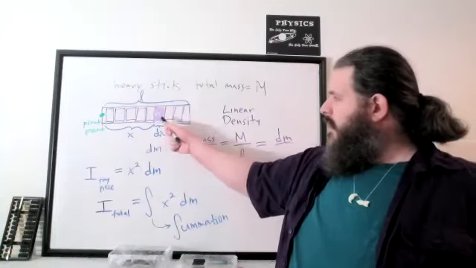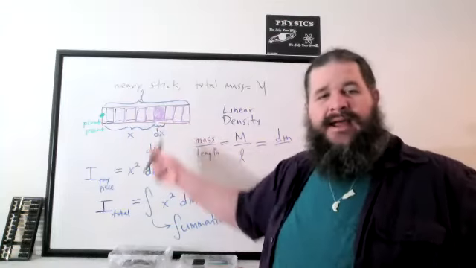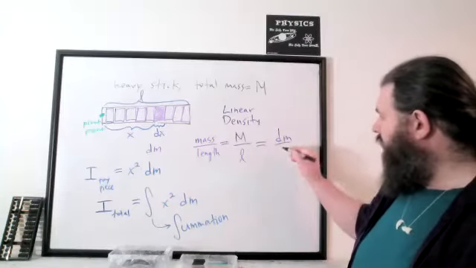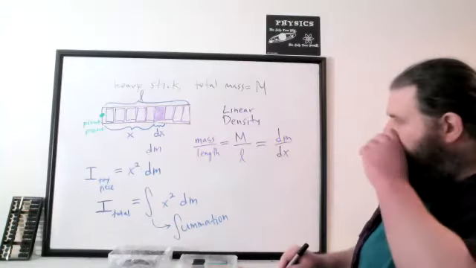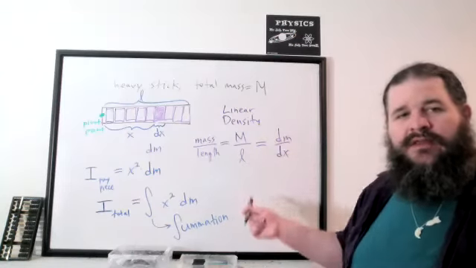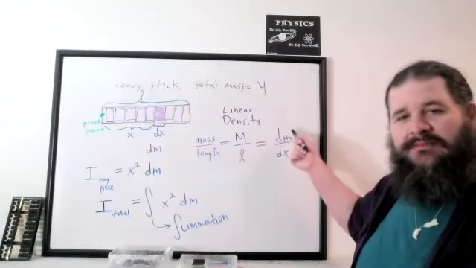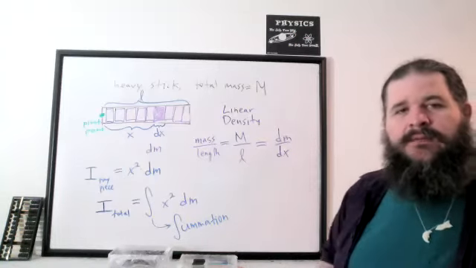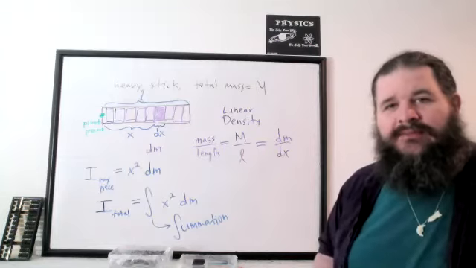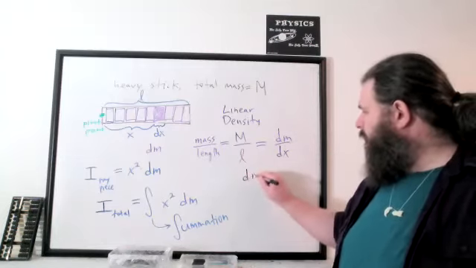So the linear density of this tiny piece would be tiny mass over tiny distance, dm over dx. The density of the whole thing, total mass over total length, should match the density of any tiny piece, dm over dx, because we're assuming the whole stick is the same density. We can then solve for dm.